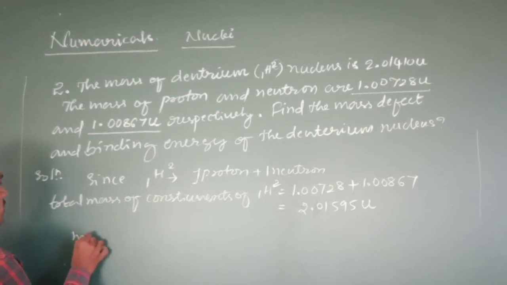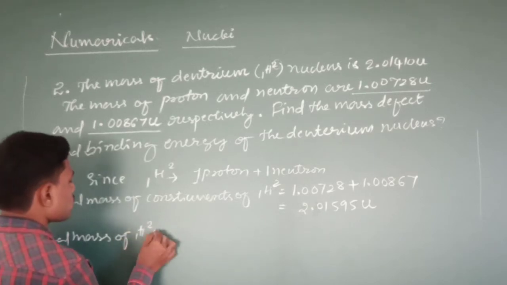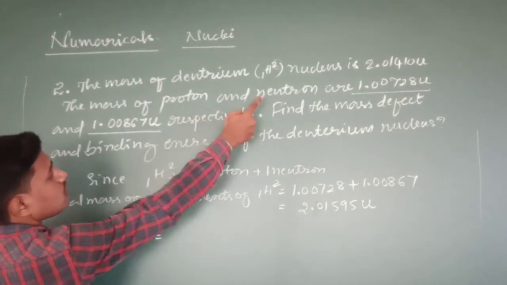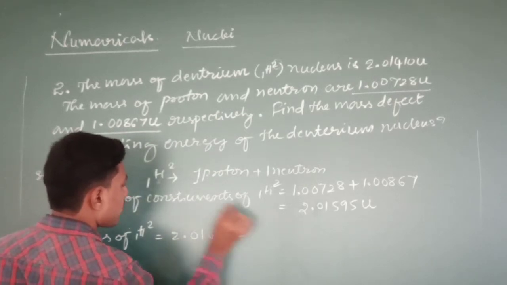Then the actual mass of 1H2 they have given is 2.01410 atomic mass unit.